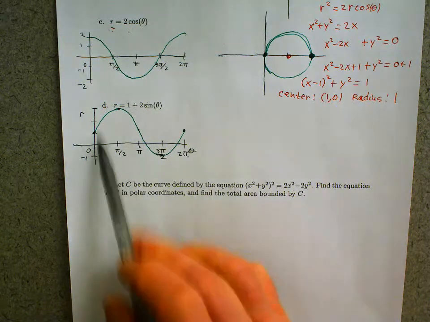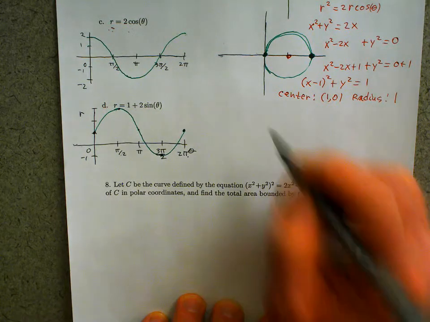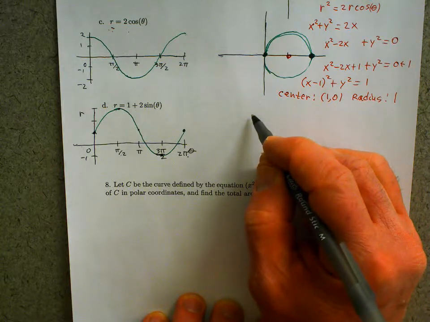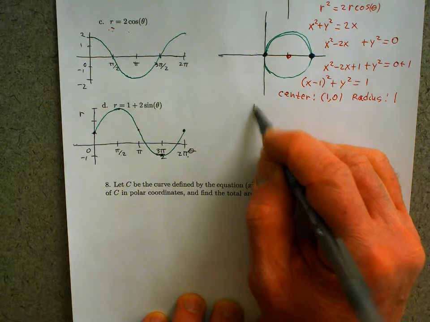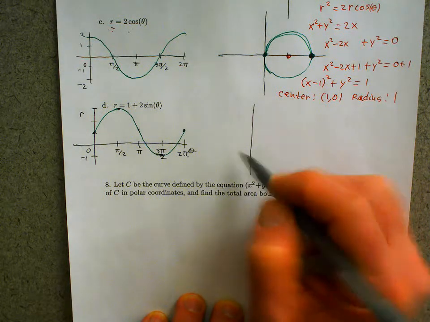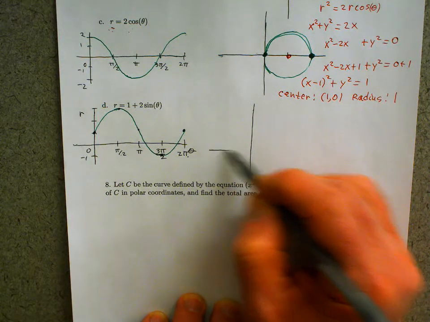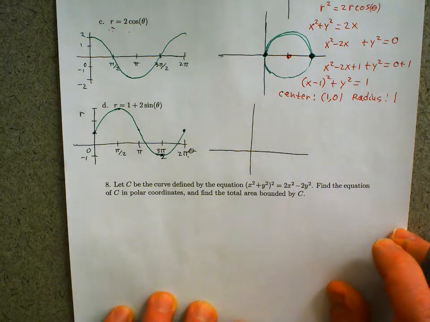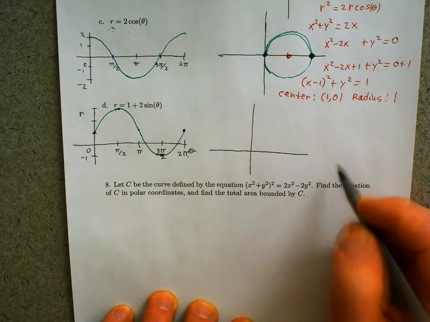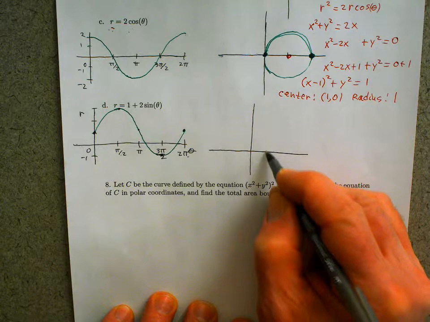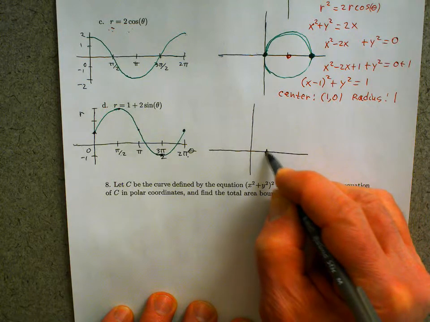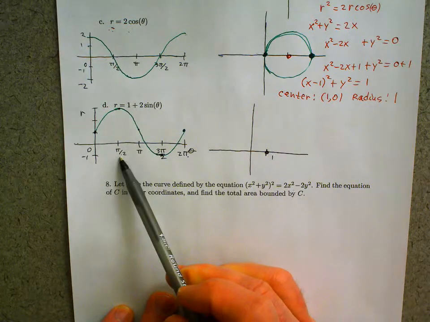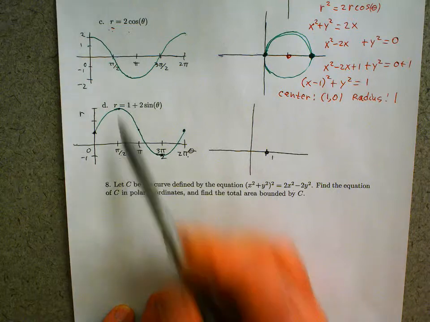Okay, we'll use the rectangular coordinates graph to graph the polar equation. When theta is 0, the r value is 1. When theta is pi over 2, the r value is 3.